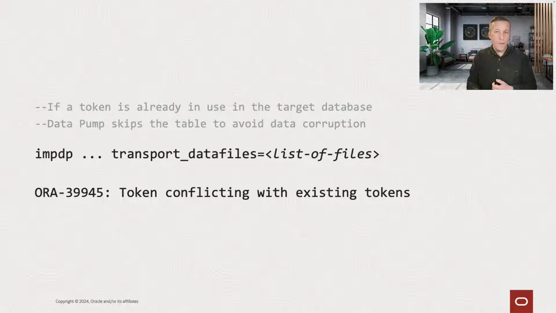But what happens during import if the tokens from the source database are already in use in the target database? We cannot just override the tokens in the target database because that would potentially corrupt the existing XML documents in the target database. And the other way around, if we don't import the tokens, we don't understand the XML document.